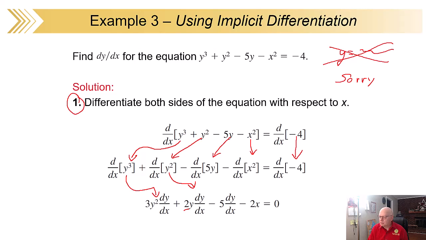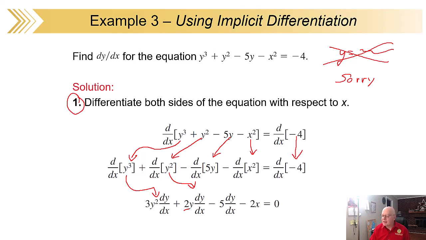Next one, you have a 1 here as an exponent, use one of the rules. So you have minus 5, and since this isn't an x, you put dy/dx there. And then differentiate this one. That's a simple one. There's no y there. Minus 2x, and on the other side, the derivative of a constant. This is a nice summary of all our rules, right?